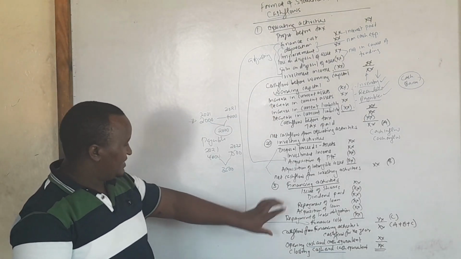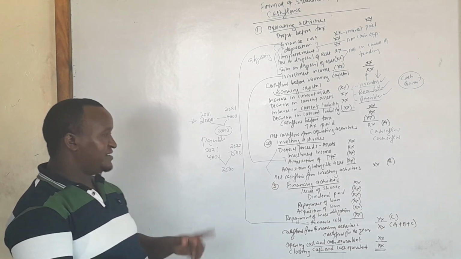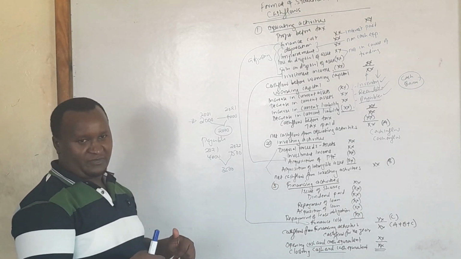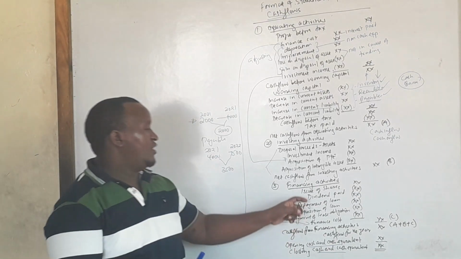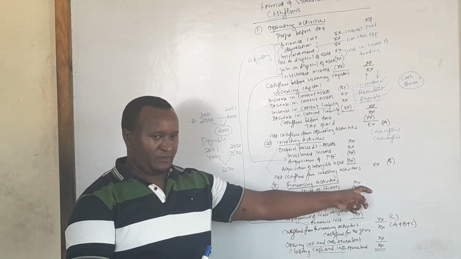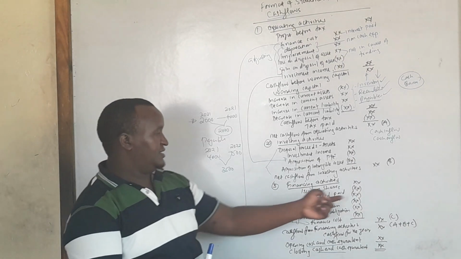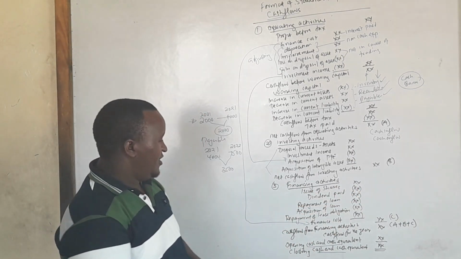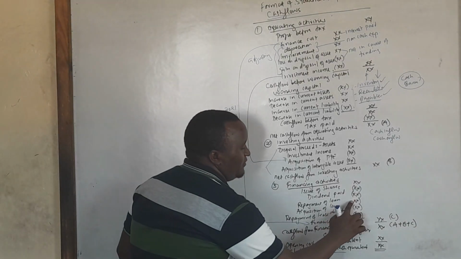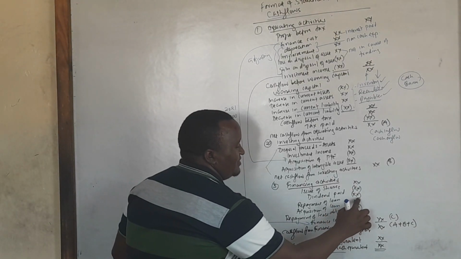Now this part, shares. When shares increase, we are getting money because we have issued more shares to the public or to our shareholders. When we pay dividends, it's an outflow. When we repay a loan, it is an outflow. When we acquire a loan, that one is wrong now. Change that.